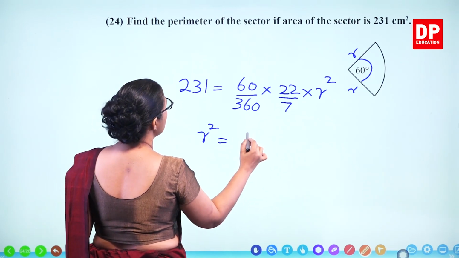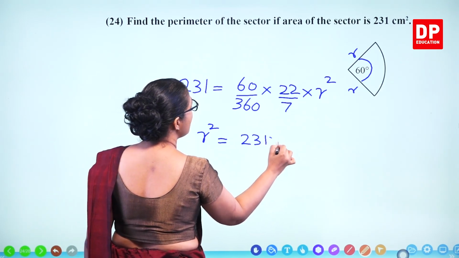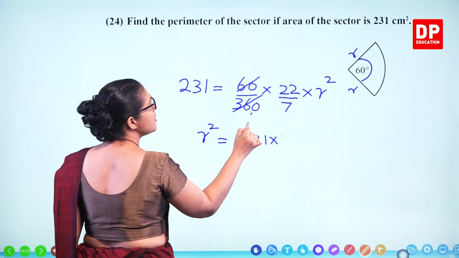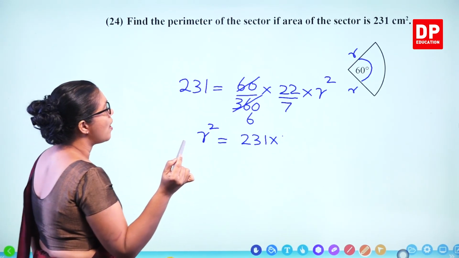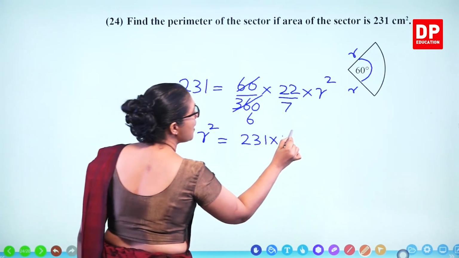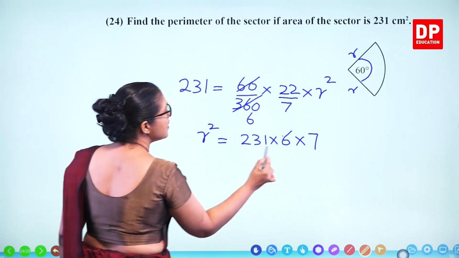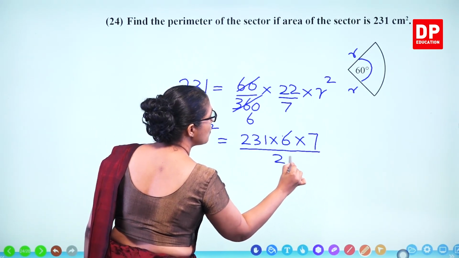R squared becomes 231 multiplied by, here first I'll simplify this one. This becomes 6. So 231 multiplied by 6 and multiplied by 7 divide by 22.